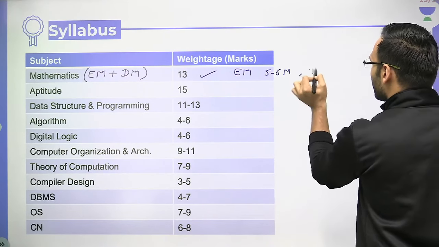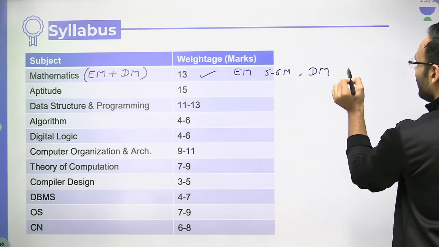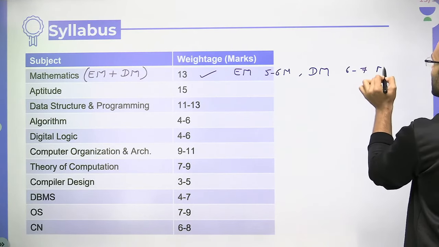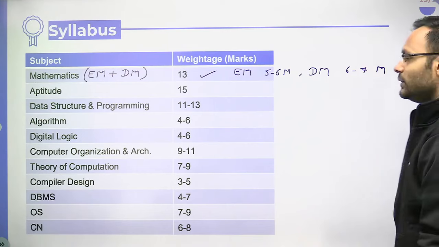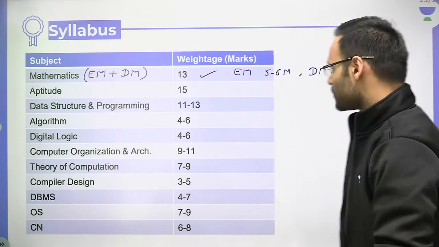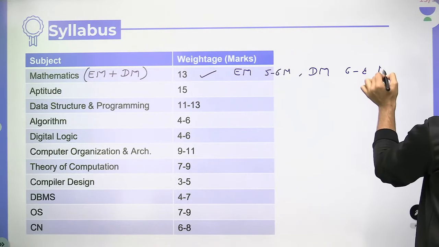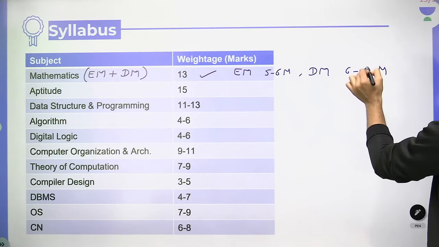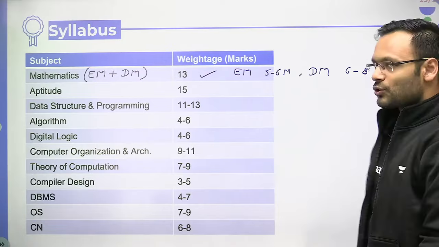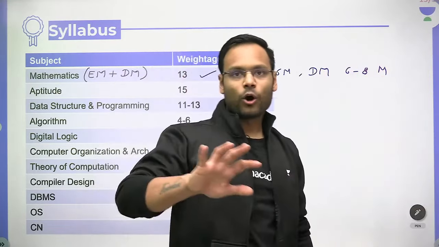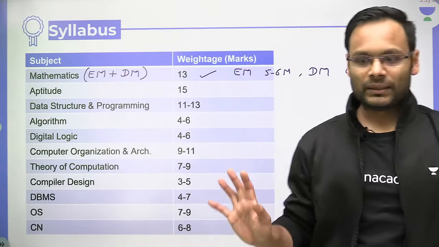And when you talk about discrete math, the remaining 6 to 7 marks, or I should say 7 to 8 marks or 6 to 8 marks, come from there only. Discrete mathematics. So if you prepare discrete mathematics hard, yes, you are almost covered with the mathematics.